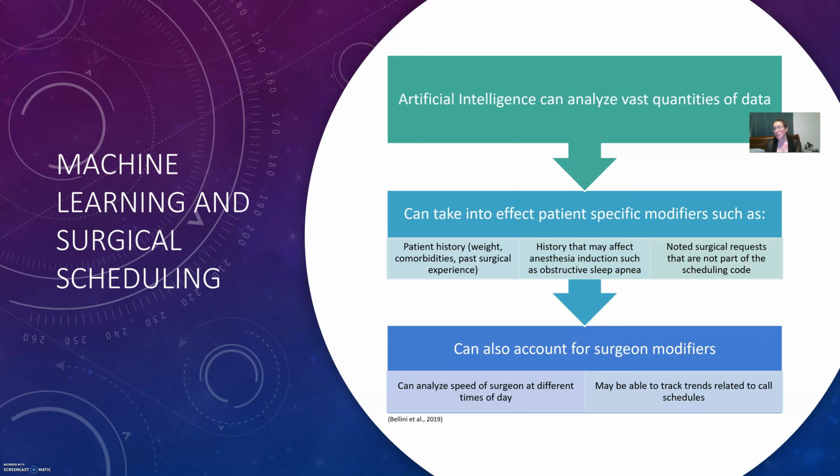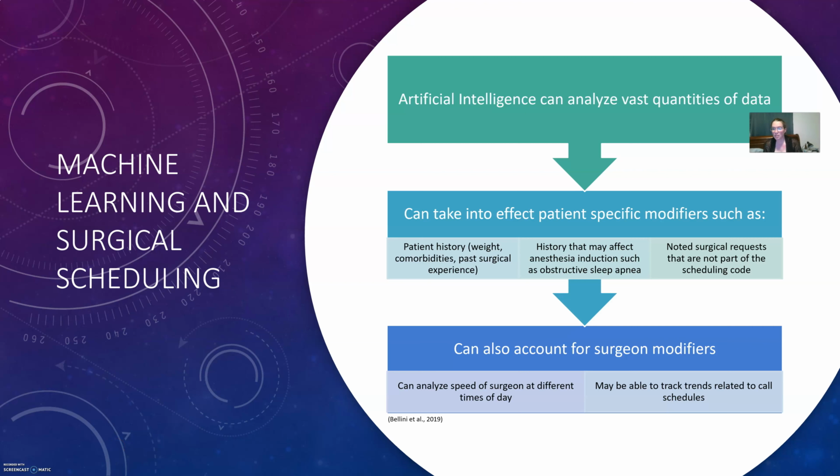Use of a GlideScope, which is a camera-assisted intubation device, takes a little bit longer than normal intubation, and some surgeons, because of the way that this is managed, might prefer to try a normal intubation first, which would again add to time if they had to switch to a GlideScope in the middle of induction.